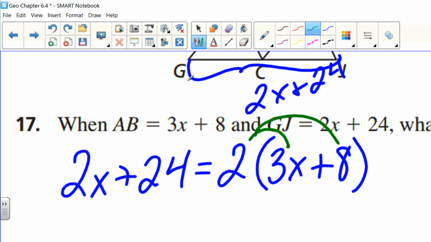We need to distribute the 2, because the 2x plus 24 would be the same. Now 2 times 3x would be 6x. 2 times 8 is plus 16.